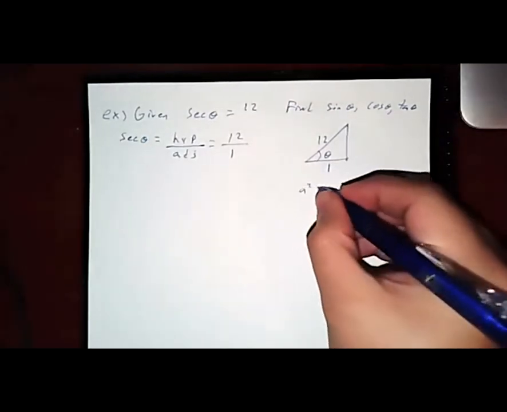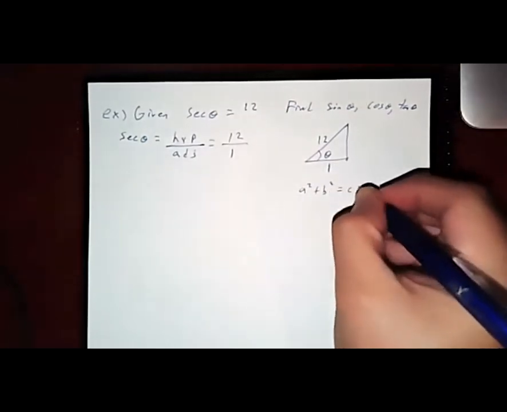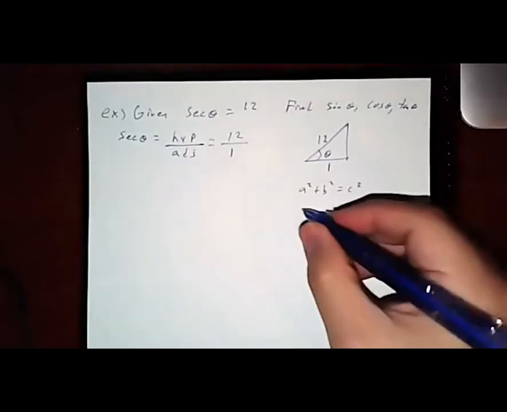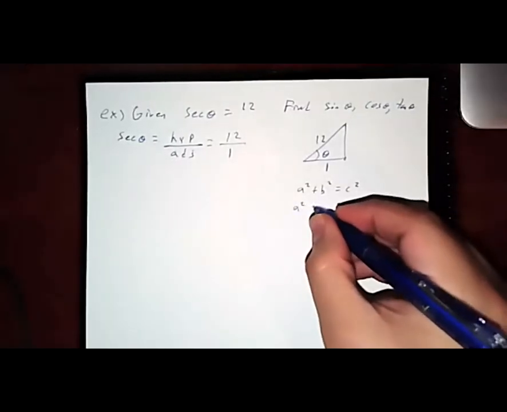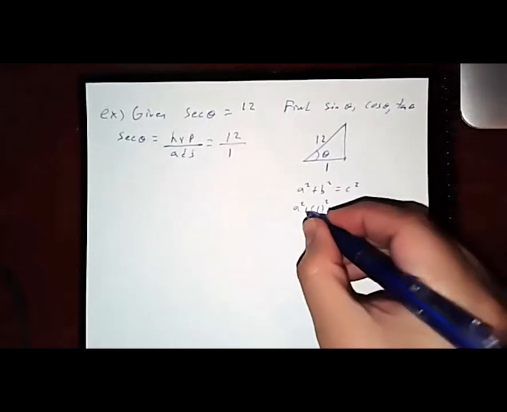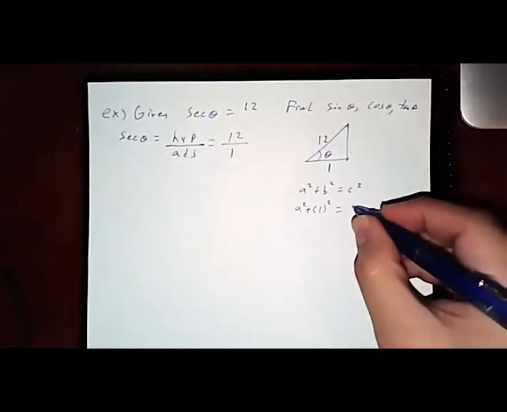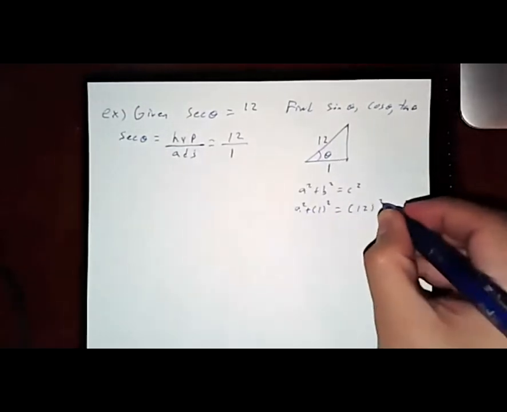So a squared plus b squared equals c squared. We'll say that this is b, I guess. And c is 12. Right? I feel like I wrote kind of small there.